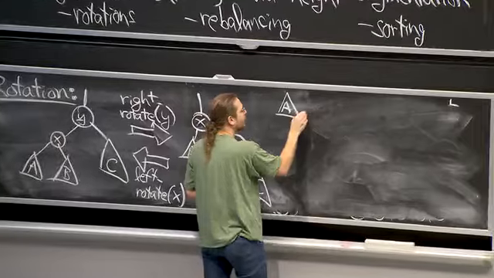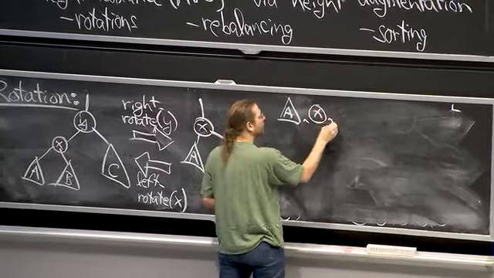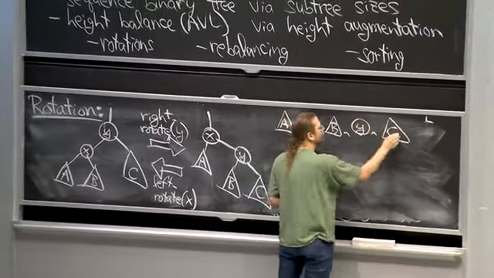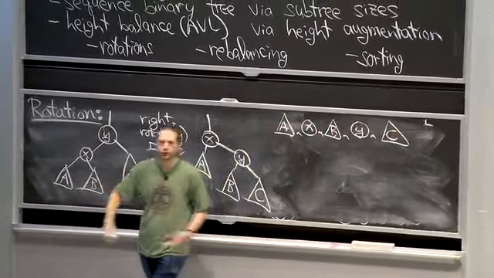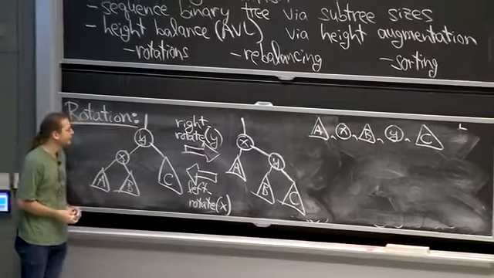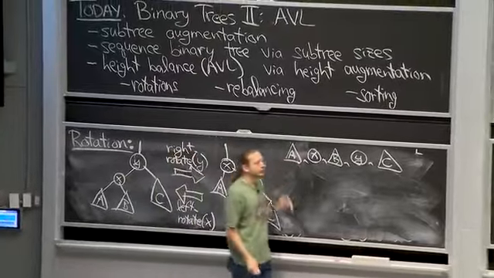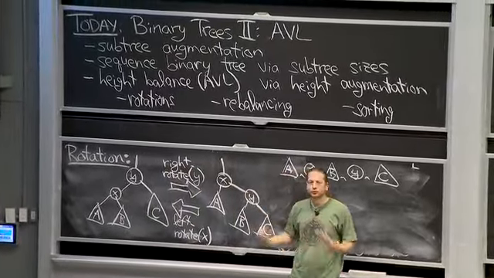It is A, X, B, Y, C. Where when I write a triangle, I mean recursively the traversal order of all the things in the triangle. So if you just apply the traversal order algorithm here versus here, you get the same output, which means these operations preserve traversal order.